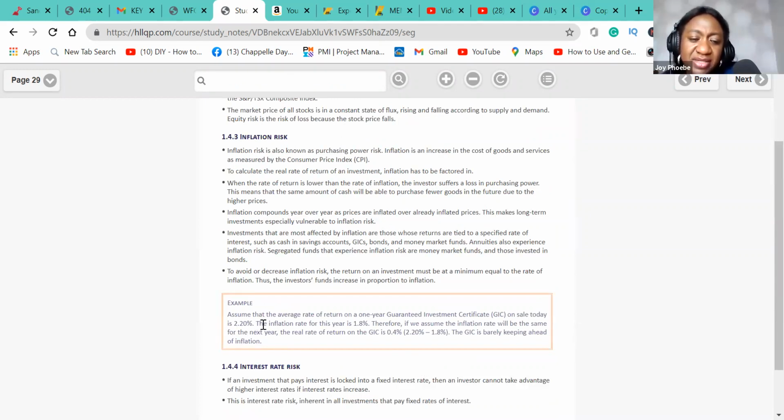Assume that the average rate of return on a 1-year guaranteed investment certificate on sale today is 2.20%, right? And the inflation rate for this year is 1.8%.